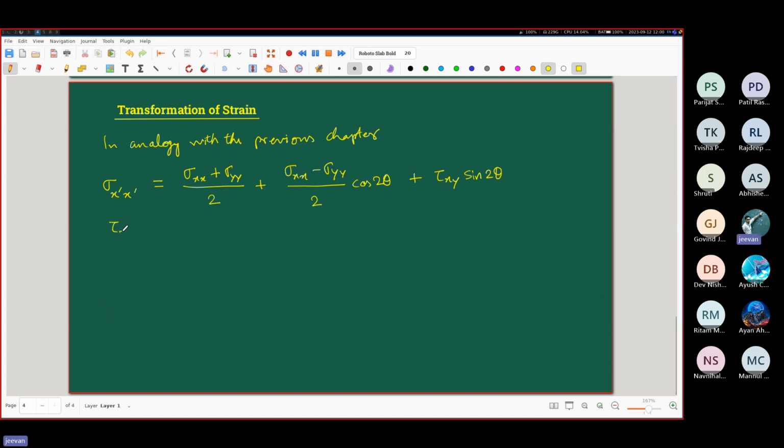And we have the tau x dash y dash as minus of (sigma xx minus sigma yy) by 2, sine 2 theta, plus tau xy cos 2 theta.